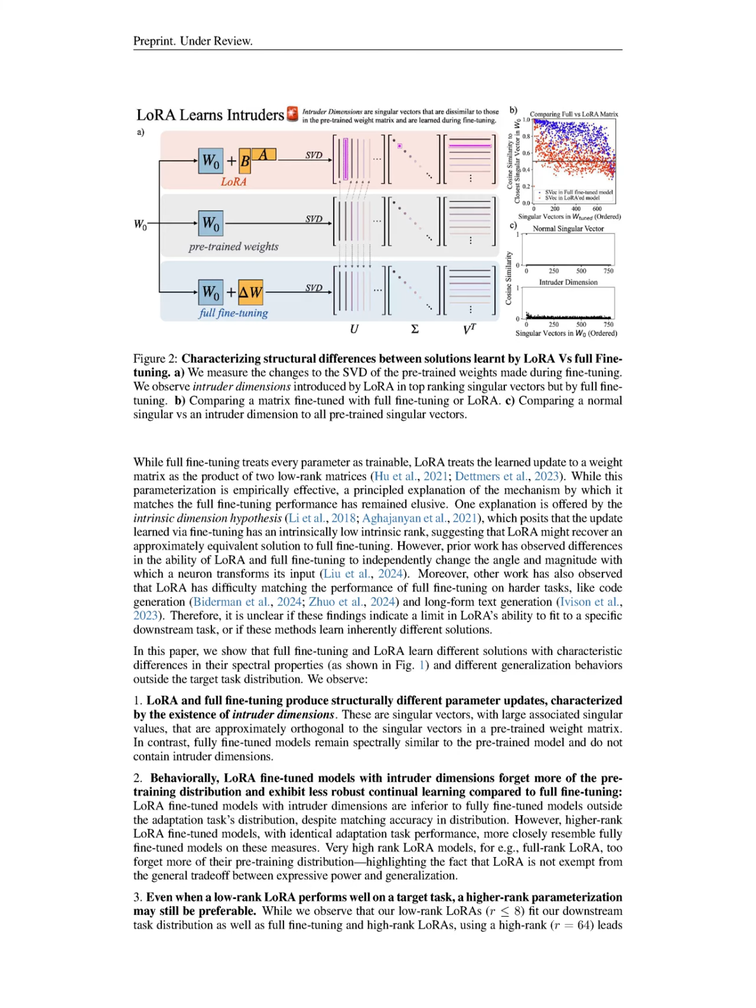Practically, while LoRA can match the performance of full fine-tuning on certain tasks, it introduces fewer intruder dimensions, which are singular vectors that do not align with the pre-trained model structure, leading to better generalization outside the adaptation task distribution. Additionally, higher-rank LoRA models exhibit improved adaptability and generalization compared to lower-rank versions, suggesting that they can leverage more expressive power without the drawbacks of overfitting.